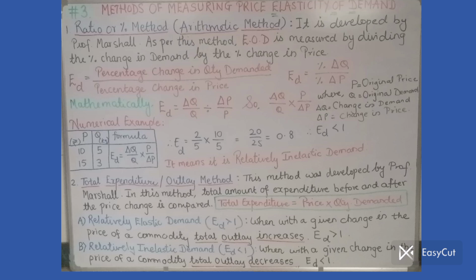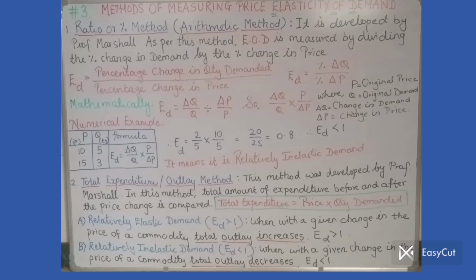So let us put it mathematically in the terms of formula. ED equal to percentage delta Q upon percentage delta P, where P is original price, delta P means change in price, Q is original quantity demanded, and delta Q is change in the quantity demanded.